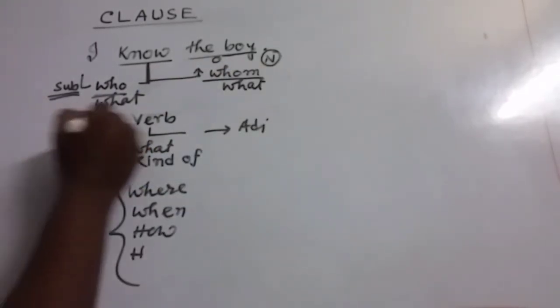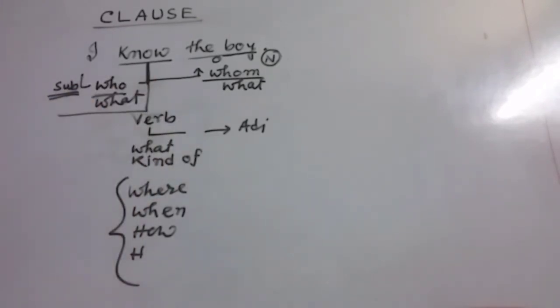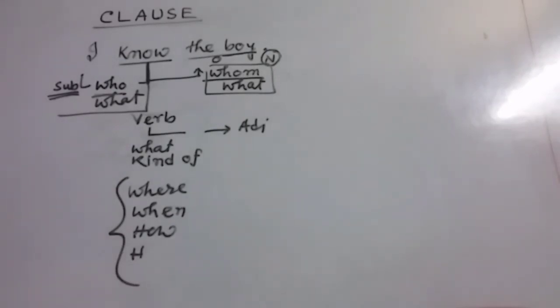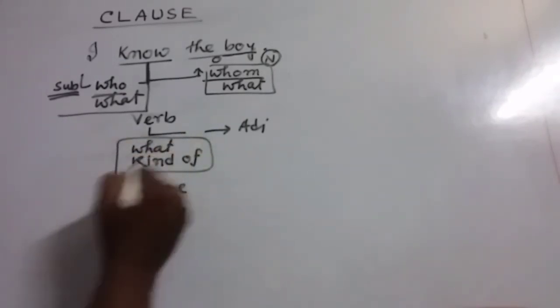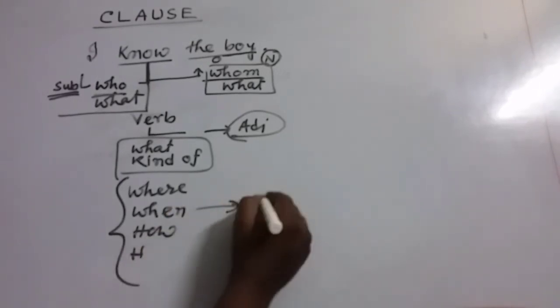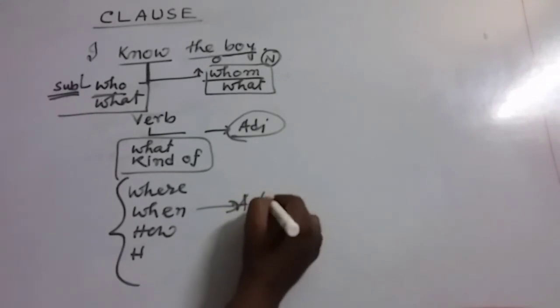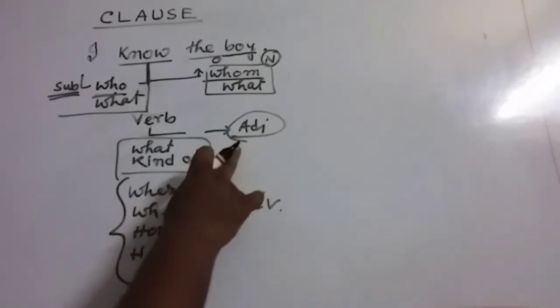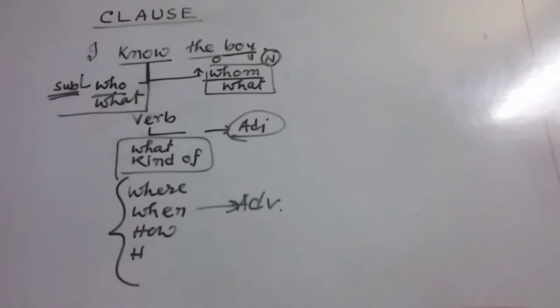So by asking who we can get the subject, by asking whom we can get the object, by asking what kind of we can get the adjective, and the rest of the WH words are used to find out the adverb. It is the basic trick to find out whether the clause is an adverbial clause, an adjective clause, or a noun clause.